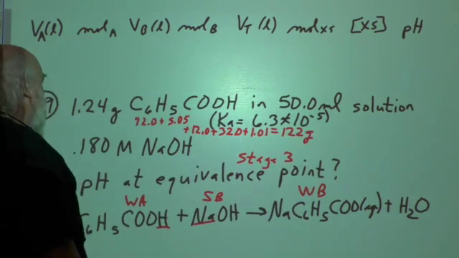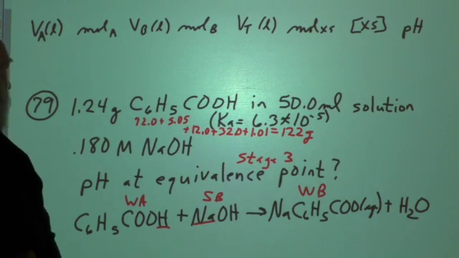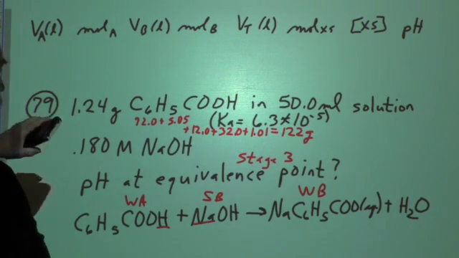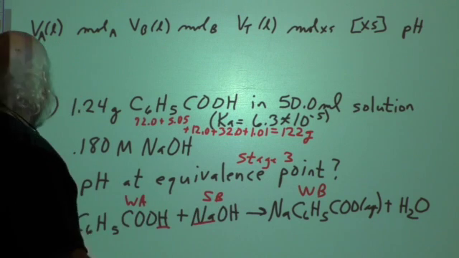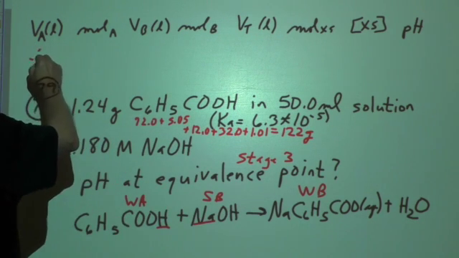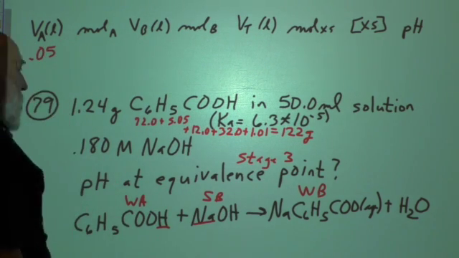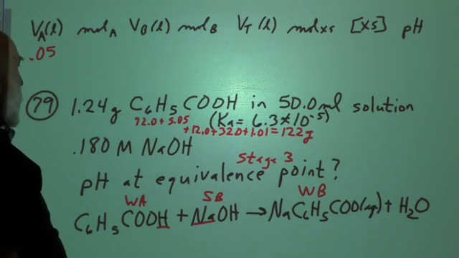72.0 plus 5.05 plus 12.0 plus 32.0 plus 1.01, and we get 122 grams for the mass of benzoic acid. So now, first of all, we know that it's 50 milliliters of solution, so the volume of the acid is going to be 0.05 liters.